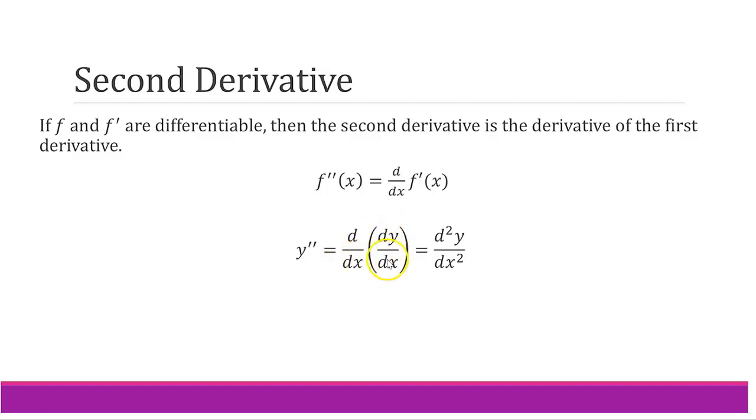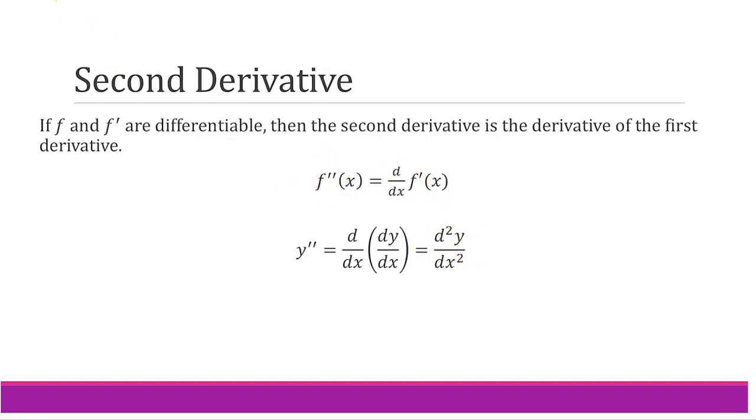But to shorten this notation, what's happening is we have this notation here, which looks like d squared y all over dx squared. That's what it looks like, but it's really read as taking the second derivative of y with respect to x. So this is the second derivative in Leibniz notation, and then this is the second derivative using prime notation.